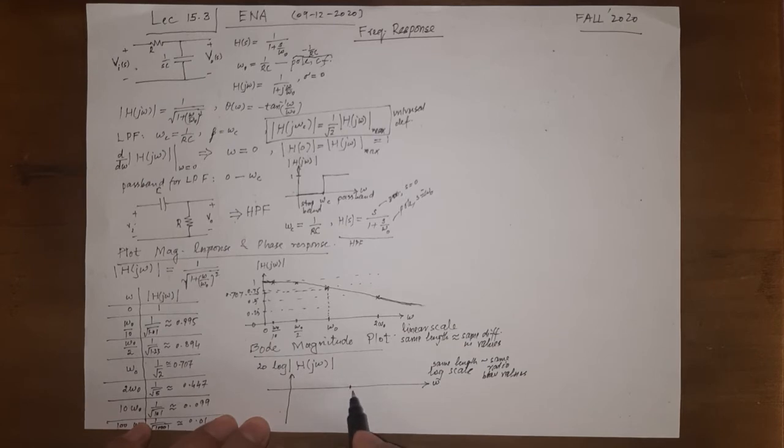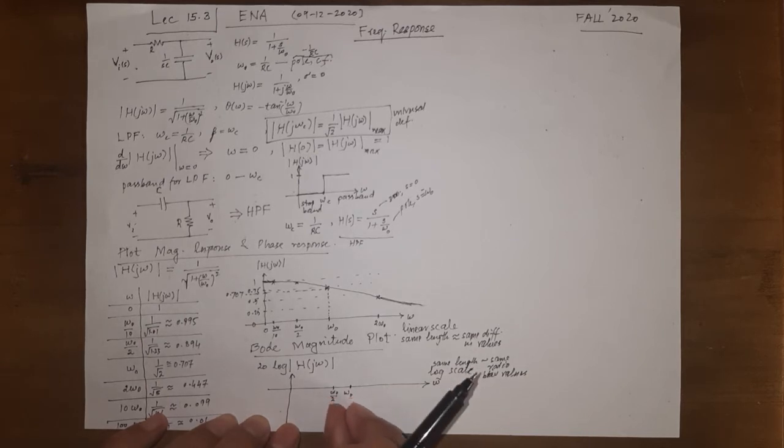If we have this point at, say, omega naught, then remember, on a logarithmic scale there is no zero, and if we say this length shows a ratio of 2, that is, if this is omega naught by 2, so this much length shows an increase by 2, then the same length here is going to show a twice increase here as well.